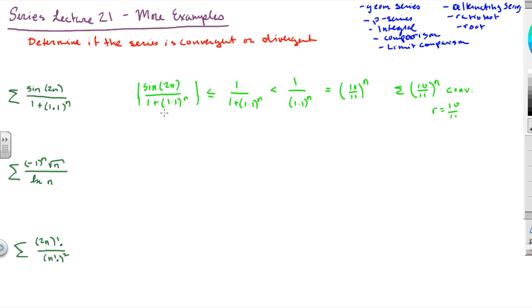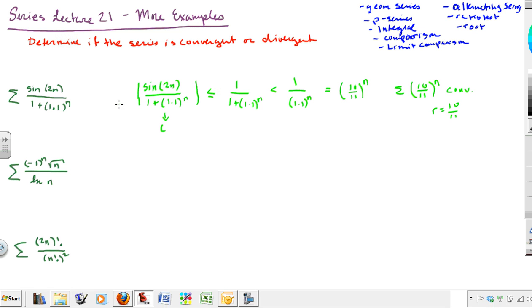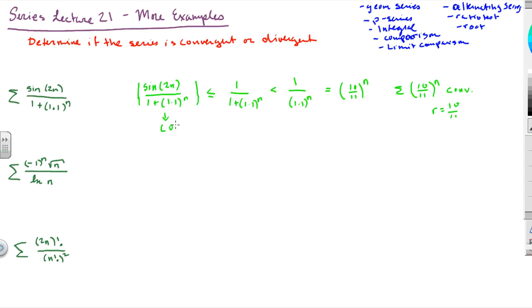That means the series with the absolute values of these terms converges, and therefore it converges absolutely, and therefore it converges in general. So sometimes you have to go through a few things to get there.